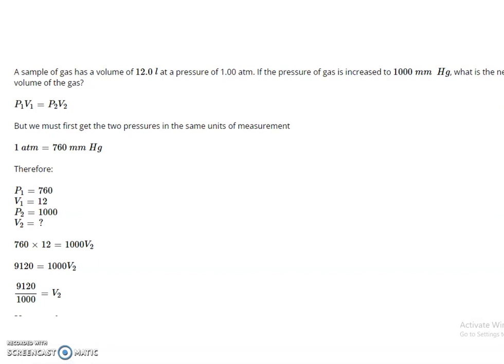You can definitely find the volume by using Boyle's law, because PV is equal to a constant, and P1V1 is equal to P2V2. So this is how we have to work out the whole problem. Hope you all can note down the problem and work it out by yourself and check with the answer.